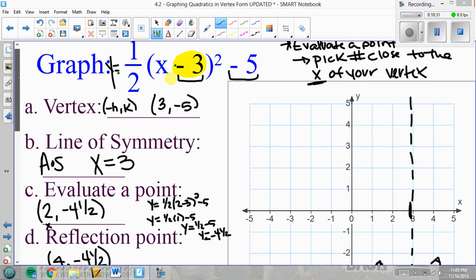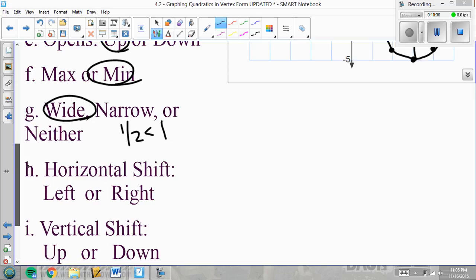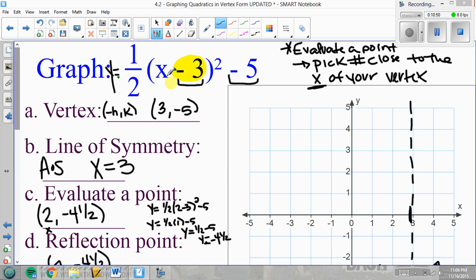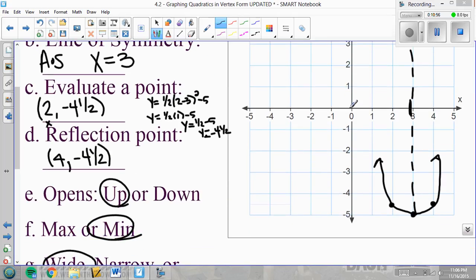Okay, and then your horizontal shift. Remember, for your horizontal shift, you're looking at H and you're thinking opposite. So the opposite of -3 is +3, which if you notice, from 0 to get to my vertex, I had to go right and down.